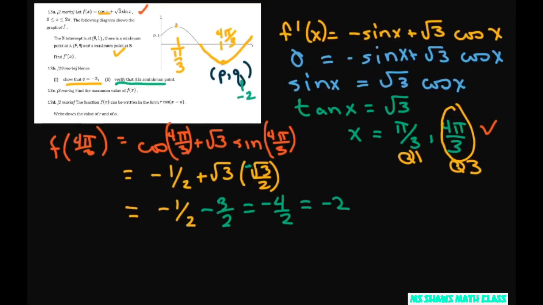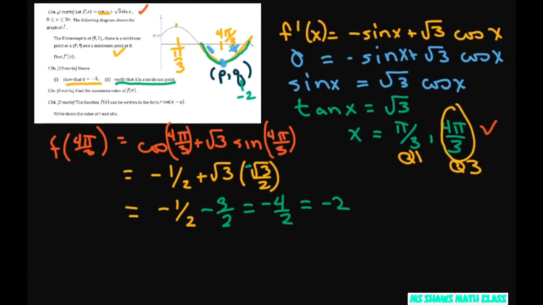It says verify that it's a minimum point. Now the way you do that is, if it's a minimum, then when we take the derivative, this part is negative, and this part is positive. So it should go negative to positive. So what we're going to do is choose two values for this derivative.